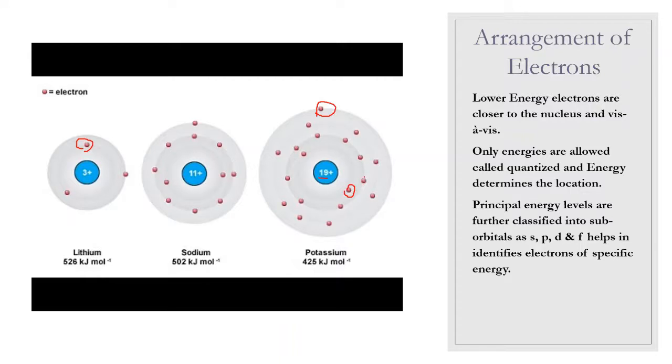Let us assume these first customers are of lower energy. As the customers increase, their energy also increases, and you place them in the outer orbitals. At the top level orbitals, you will have very few electrons. So according to the number of electrons, that means according to the natural state of an atom, you place the electrons in different levels of orbitals.